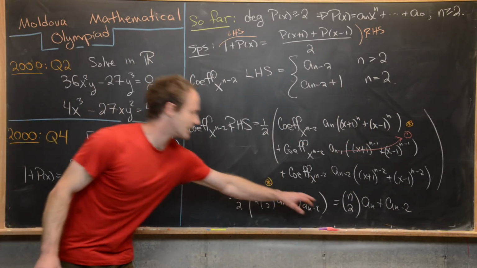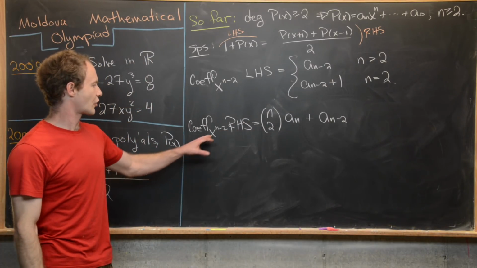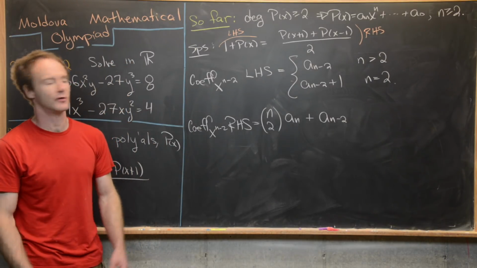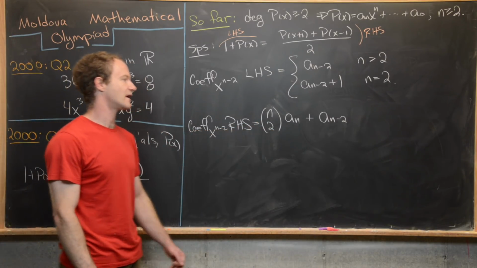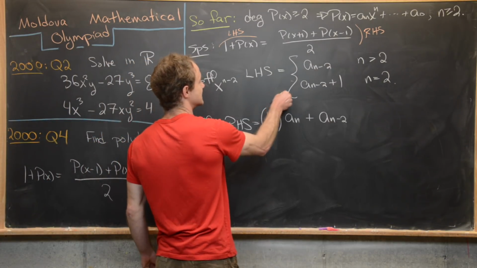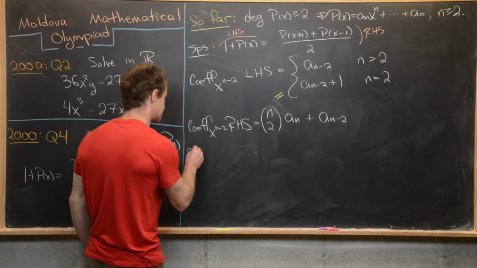So maybe I'll just go ahead and bring this right to here. Okay, so we just determined that the coefficient of x to the n minus 2 on the right-hand side was n choose 2, that binomial coefficient, a sub n plus a sub n minus 2. But next, we want to use the fact that these two are equal to each other. So let's notice that we have two cases here.